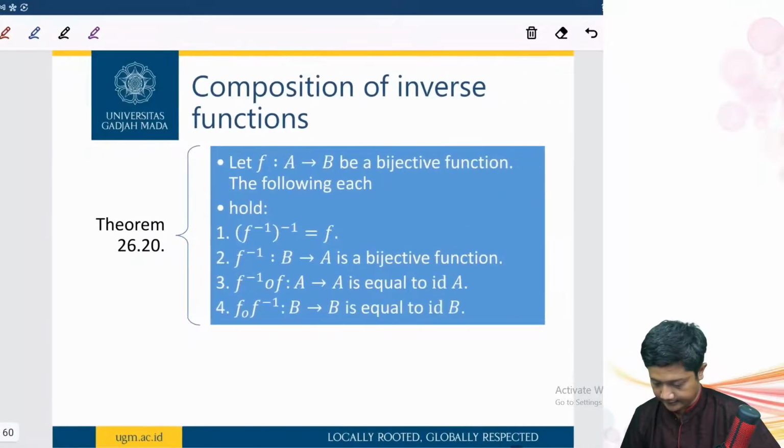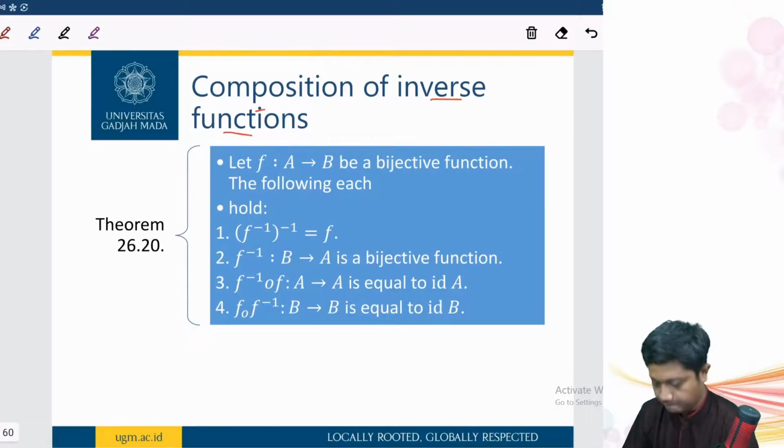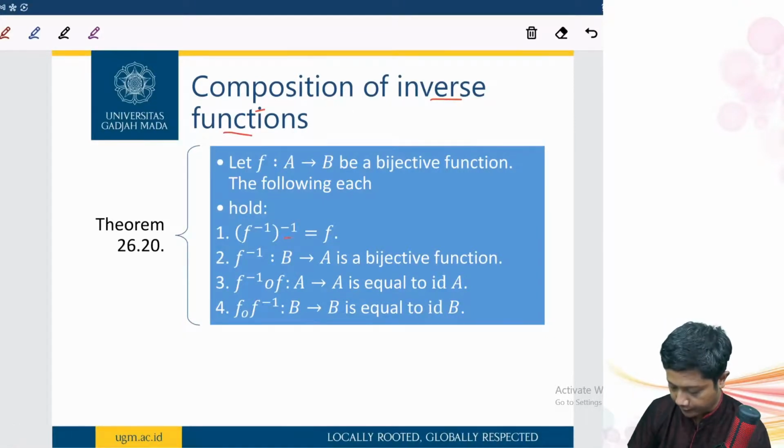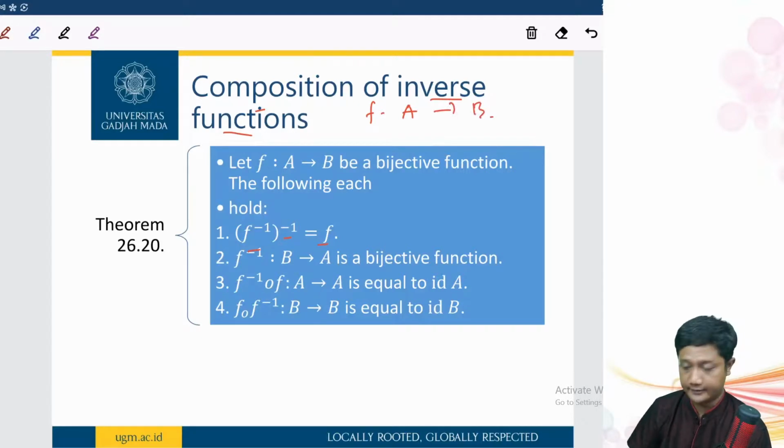So it's easy to see and the proofs are almost the same, so they are analogous. Okay, and how about the composition of inverse functions? We have the inverse of the inverse going back to f. Why? Because when you have f from A to B, you bring x to f(x), then the inverse f inverse will bring f(x) to x.